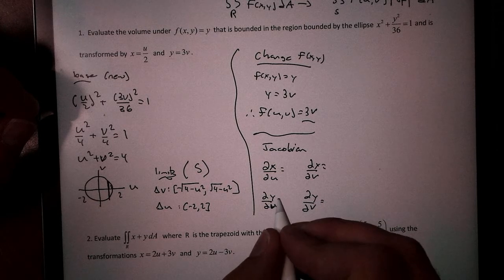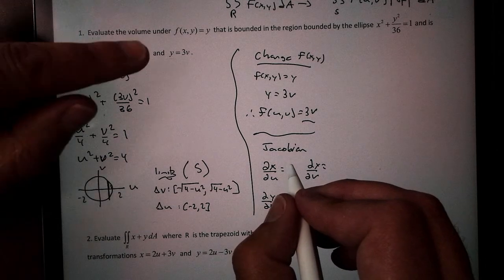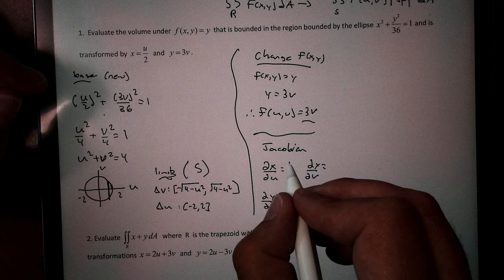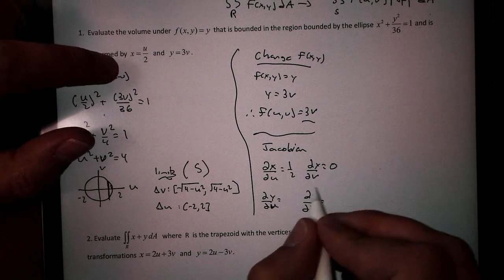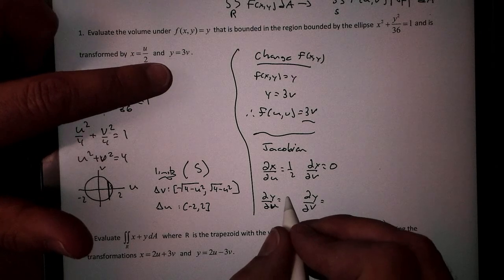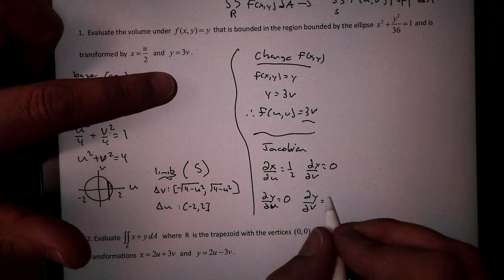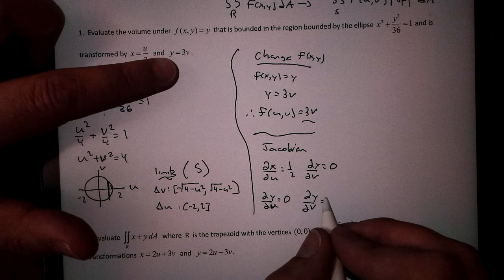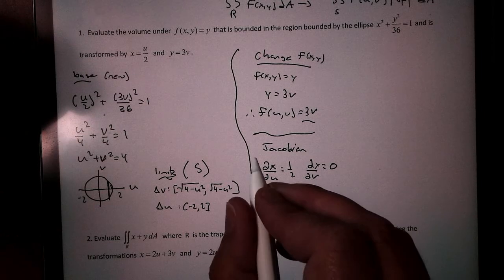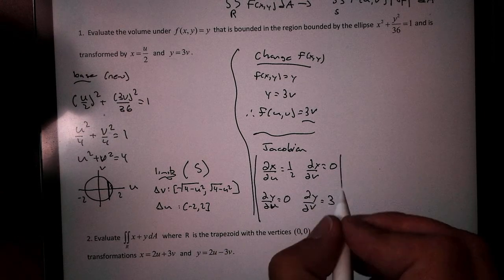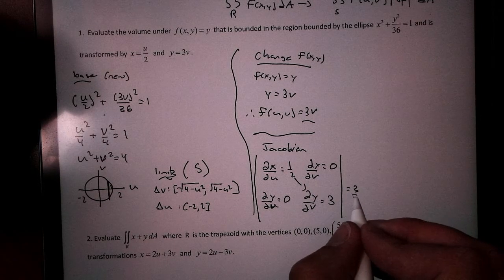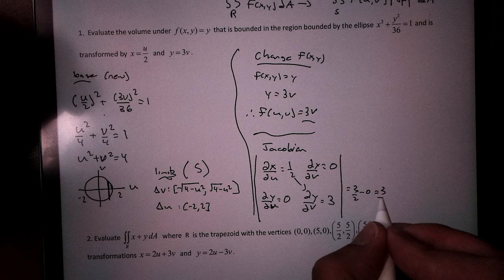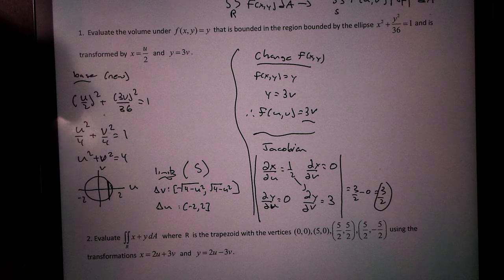So let's go ahead and find these out. The partial of x with respect to u is 1/2. The partial of x with respect to v, there is no v, so it's just 0. The partial of y with respect to u is 0, because there's nothing. And the partial of y with respect to v is going to be 3. And I want the determinant. I'm going to cheat on this one. And if we go down here, we're going to get 3/2 minus 0. So there's my Jacobian right there, 3/2.